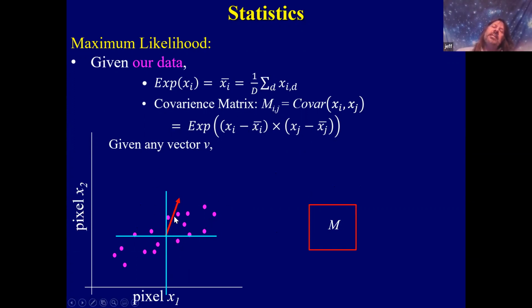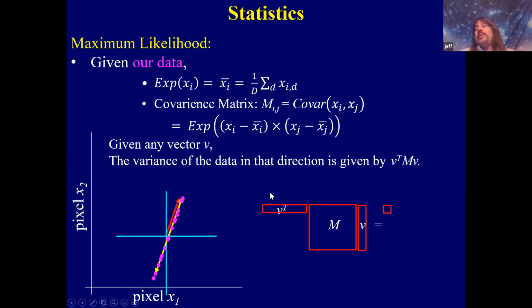The way we do it is we take all our data and project it onto that vector, then ask how spread out the data is. Our goal is to project our data onto some vector such that it gives us a lot of information, so we want the variance along it to be really high.